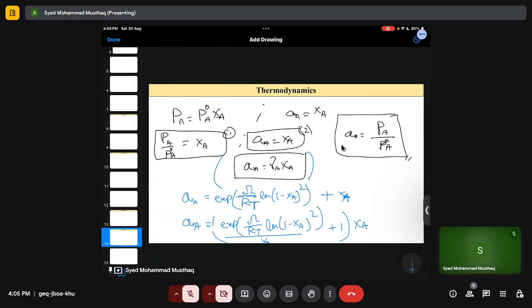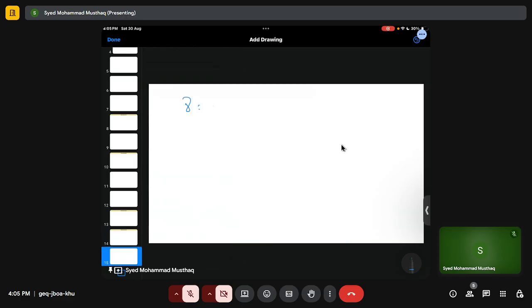So the activity coefficient can be written as exponential omega by RT upon XA plus 1 minus XA whole square upon XA. That's it. Or you can even write it like this. And if I take this as a very small term, then I have 1 minus omega by RT.